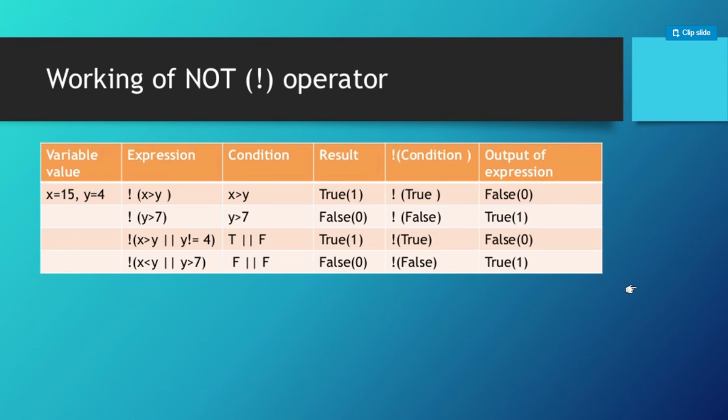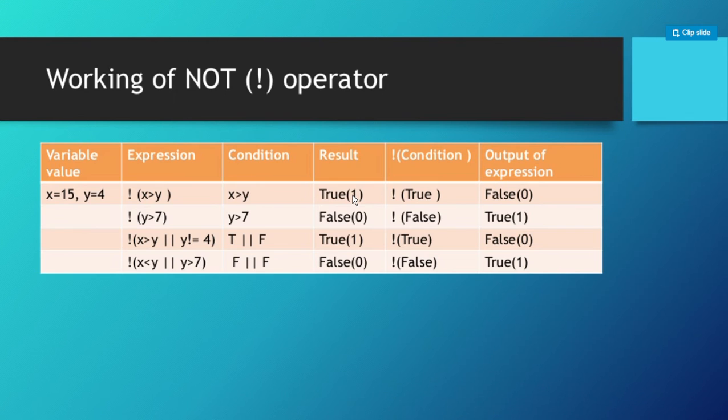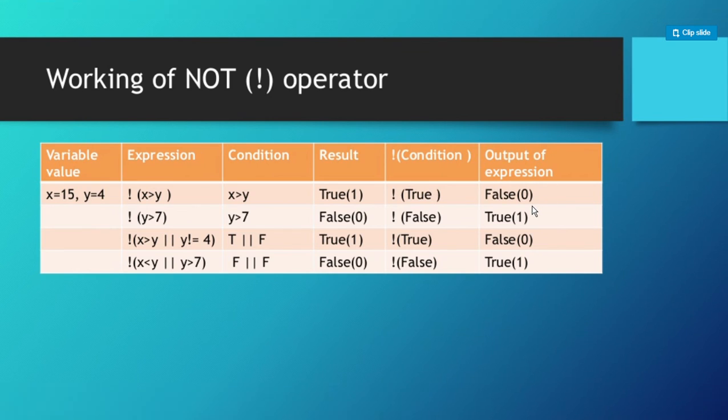If the result is true, it will become the opposite, so the output expression will be false. This is a unary operator, which means it operates on one operand only.